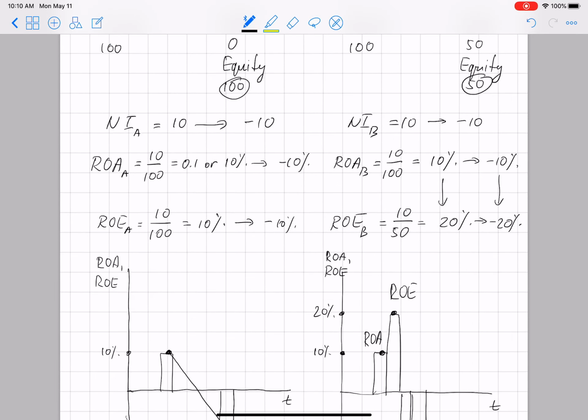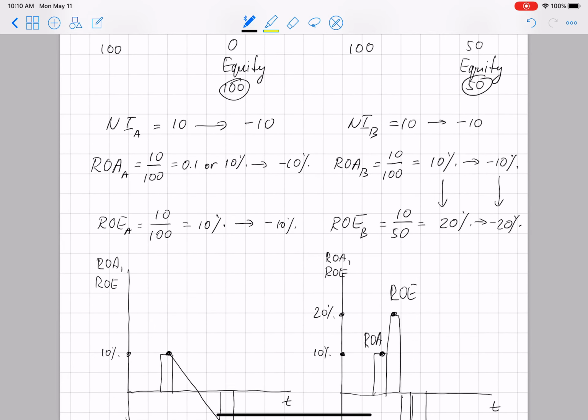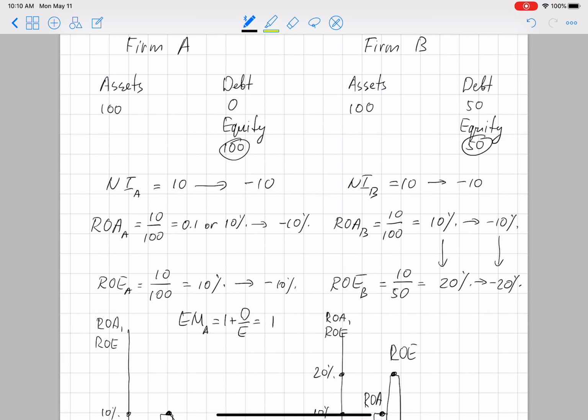So what is the equity multiplier for firm A? Equity multiplier is equal to 1 plus debt over equity, which is equal to 1. Why? Because there is no debt, so debt divided by equity is equal to 0.